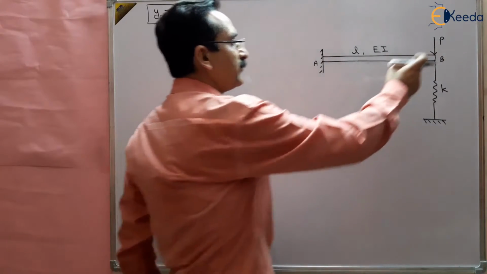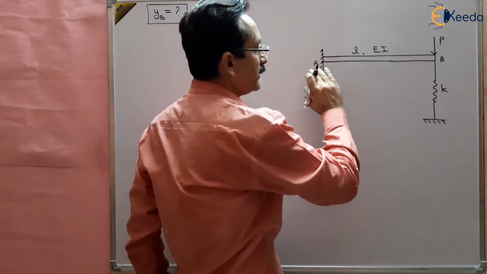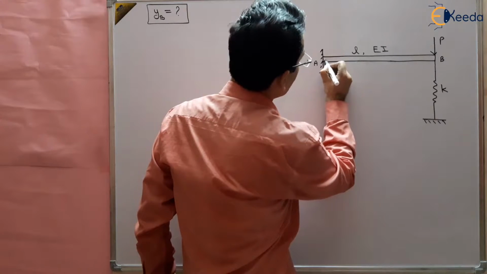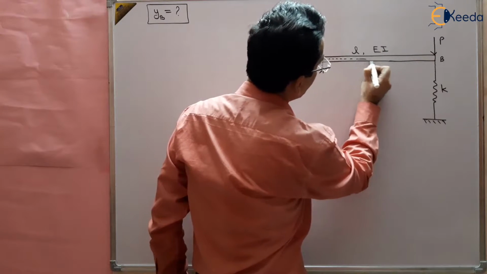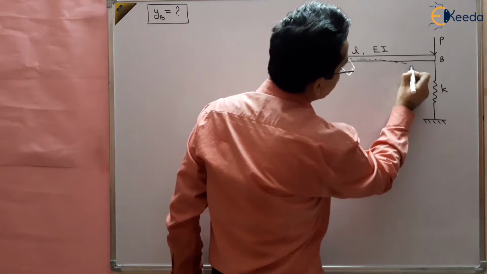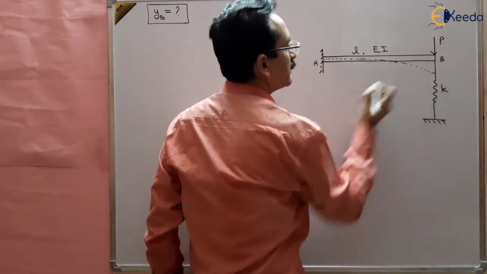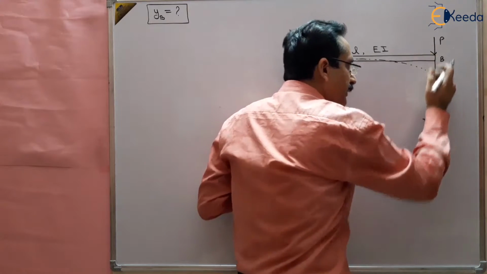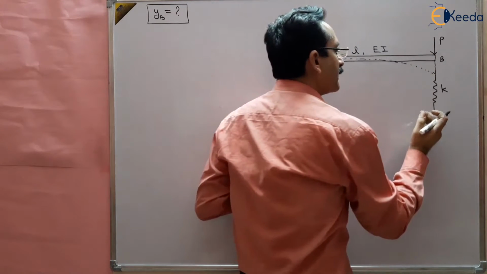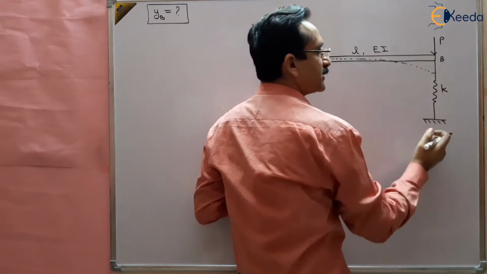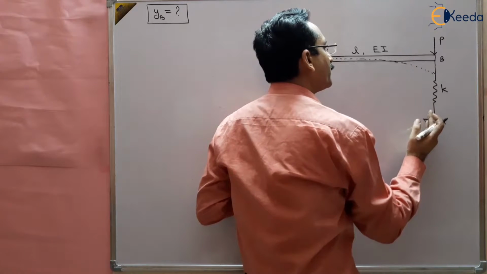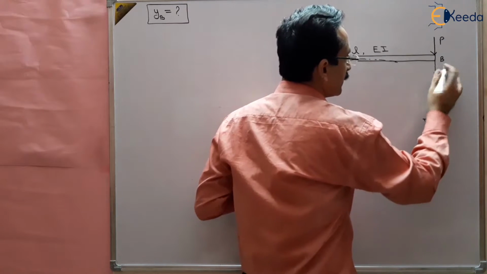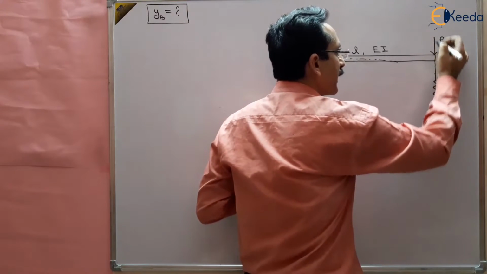When this load P is applied, there will be deformation in the bar, and the elastic curve will be obtained like this. But when the spring is compressed, it will resist the compression and develop a force opposite to the applied force.